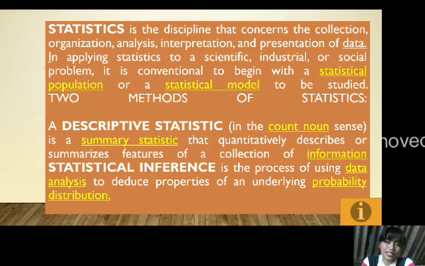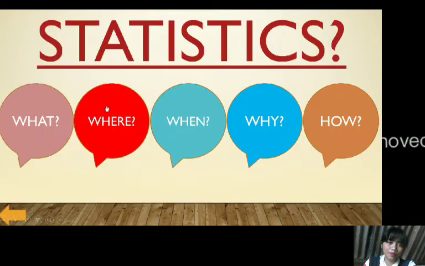Descriptive statistics, in the noun sense, is a summary statistic that quantitatively describes or summarizes features of a collection of information, while statistical inference is the process of using data analysis to deduce properties of an underlying probability distribution.